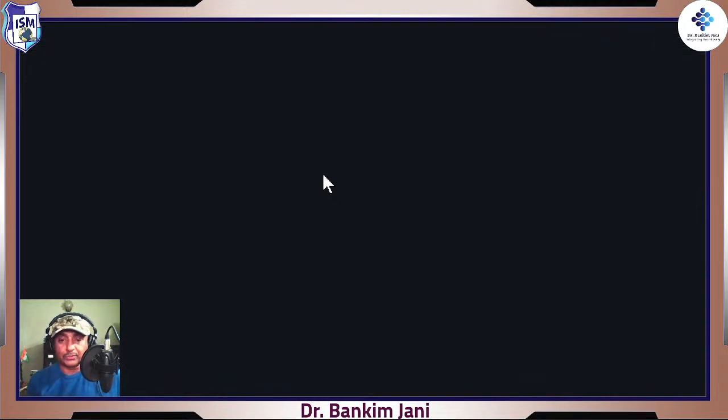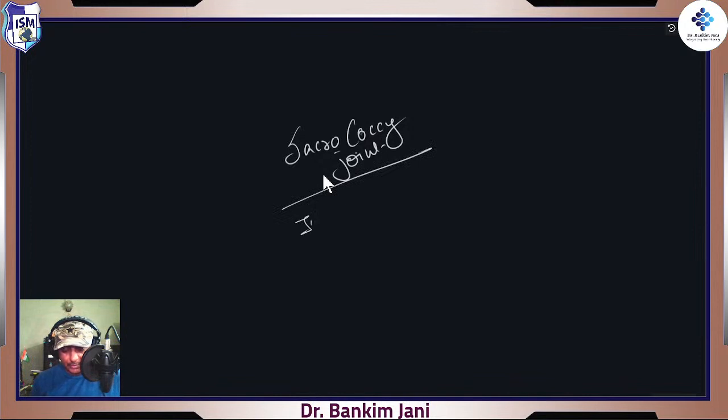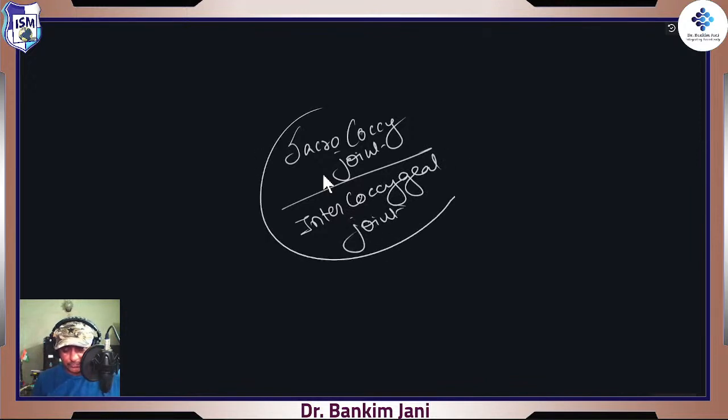Okay, moving on to this second group of joints, that is the sacrococcygeal joint, and there is one more joint, the intercoccygeal. These are joints which are not of very tremendous importance. We should just know about them.